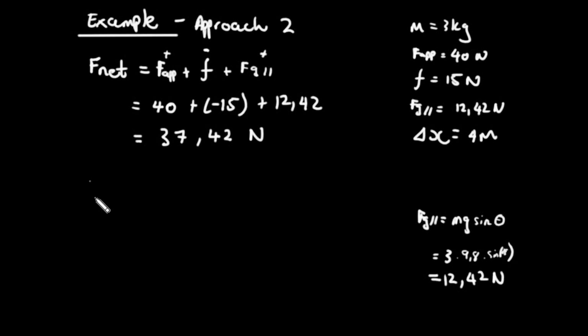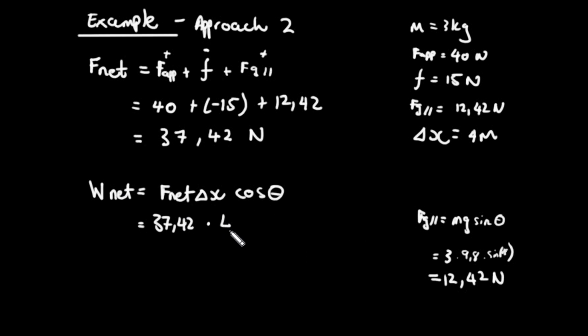Then we can put it in our formula. W net is equal to F net delta x cos of theta. What we can say here is the net force is 37,42 multiplied by 4 meters multiplied by cos of theta, because the applied force is going in the same direction of motion.